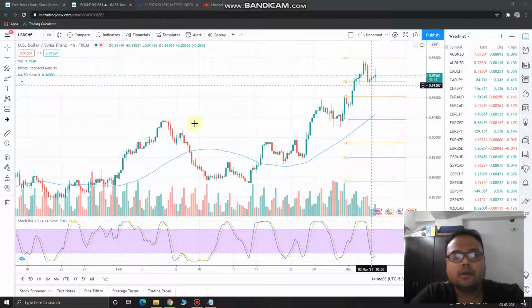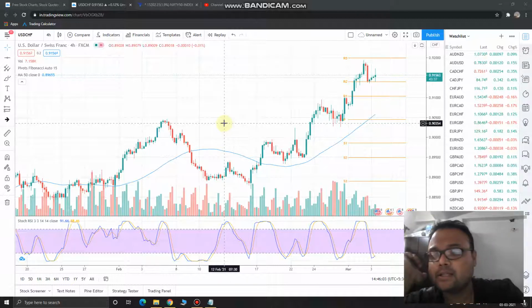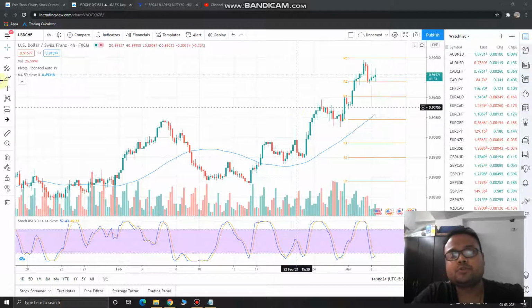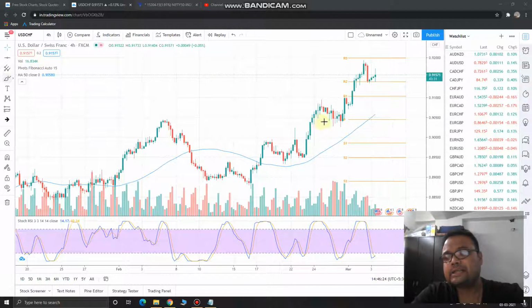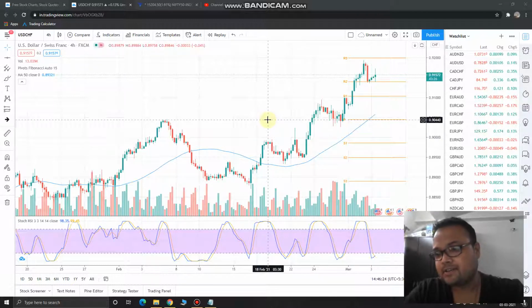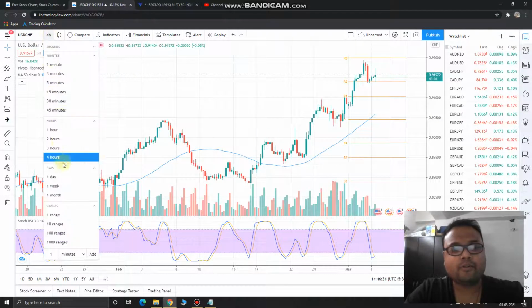So what we can do is that we can look for a sniper entry. Sniper entry will be the best option for USD Swiss franc because it is not taking support at the 50 moving average. So in that case we should not also miss the fun. So what we can do, we can look for a sniper entry.